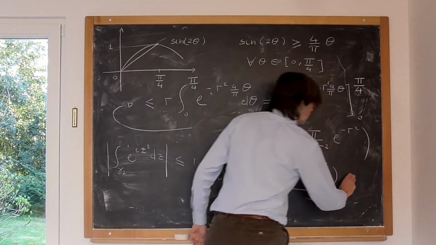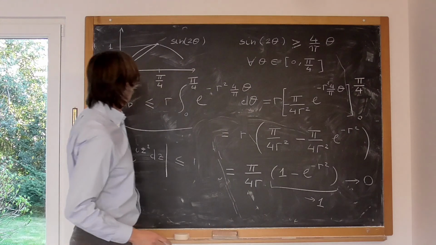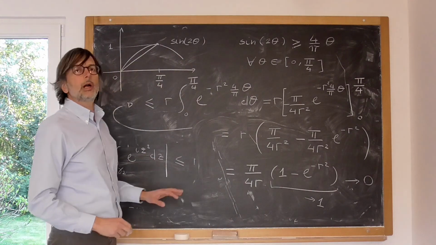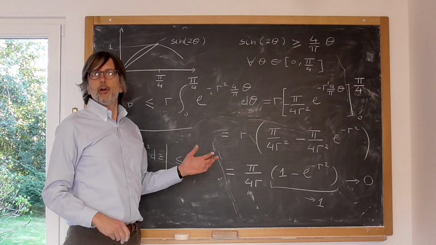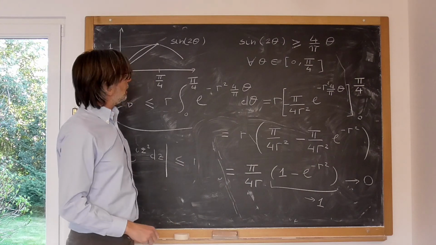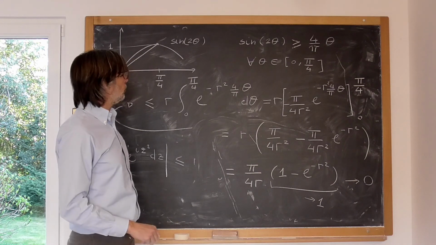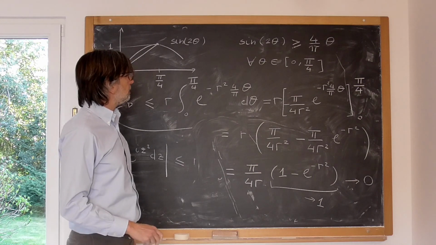So everything goes to 0. This shows that the integral over gamma 2 converges to 0 when r goes to infinity, and this was the last part we needed to check in order to finish our computation.